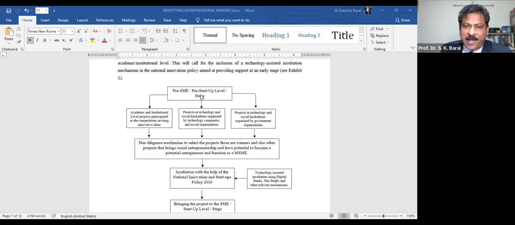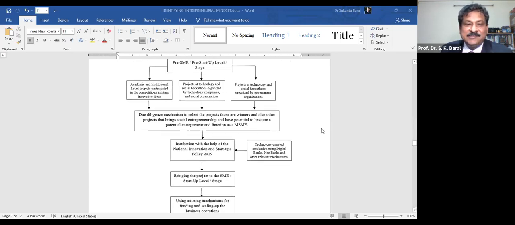With the help of this model, I have divided the activities into three categories: one is academic and institutional level projects, one is technology and social hackathons organized by technology companies, and one is projects at technology and social hackathons organized by government.